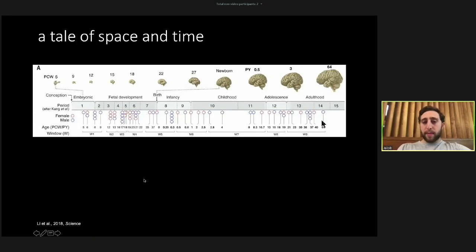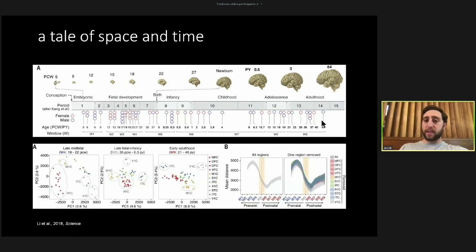And cell type composition is, of course, a feature of spatial heterogeneity, but it's also a major feature of temporal heterogeneity, and basically differences in trajectories of gene expression across the lifespan. And so this recent paper from the PsychENCODE consortium, published, I guess, a year and a half ago at this point, took multiple samples from different postmortem subjects across embryonic development to adulthood, and basically found very similar patterns, such that there are spatial differences in the temporal components of the lifespan.